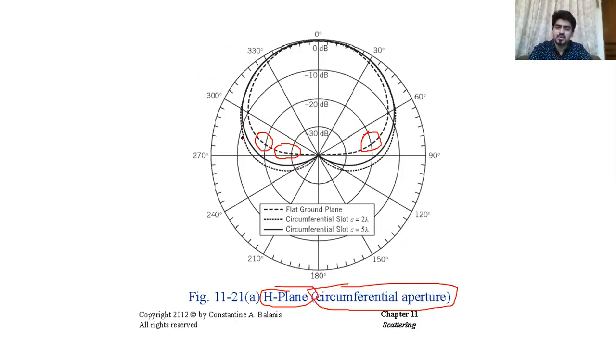And same goes for the cylindrical structure with a radial dimension of 2 lambda and 5 lambda. This dotted line is for the 2 lambda, and this solid line is for the 5 lambda. As you keep on reducing your radial dimension of the cylinder, you will see more and more radiation on the rear side or back side of your cylindrical structure.